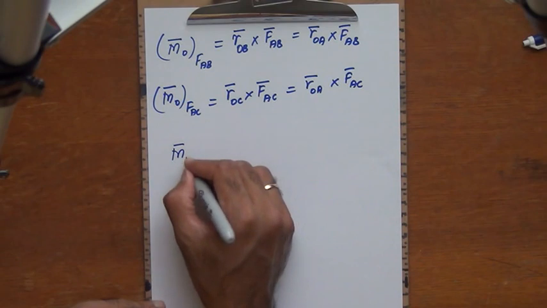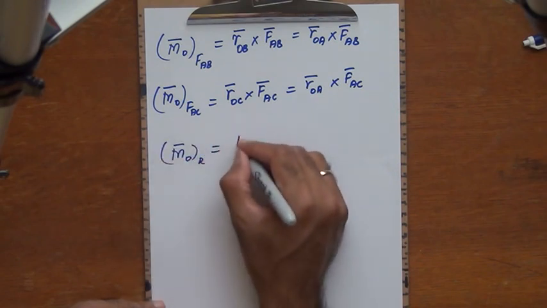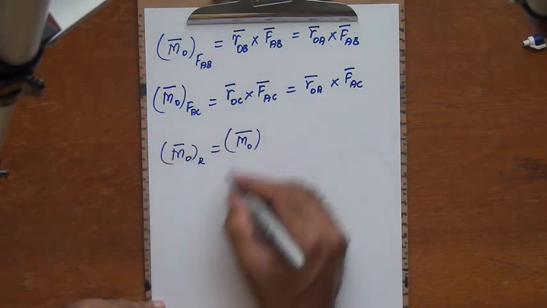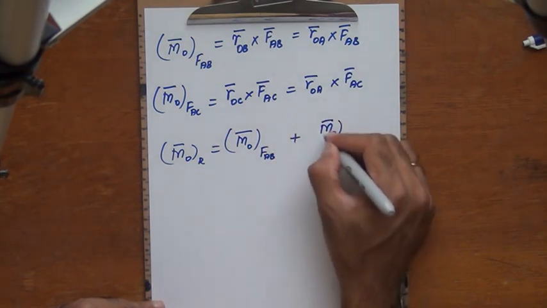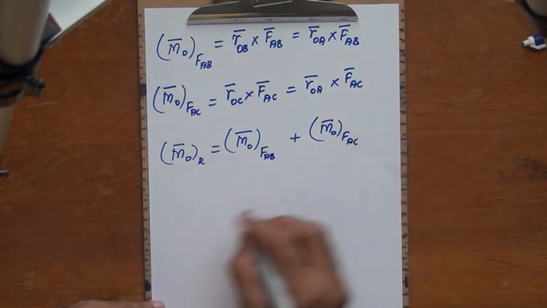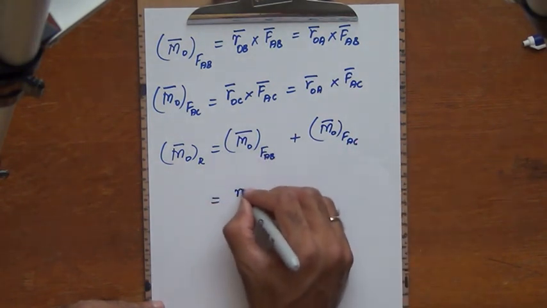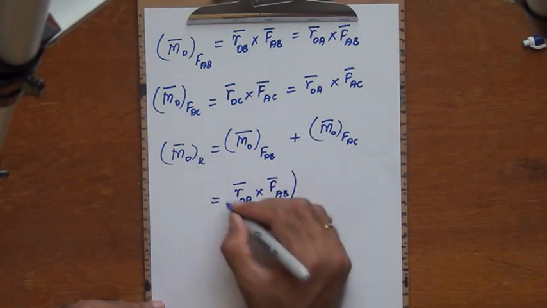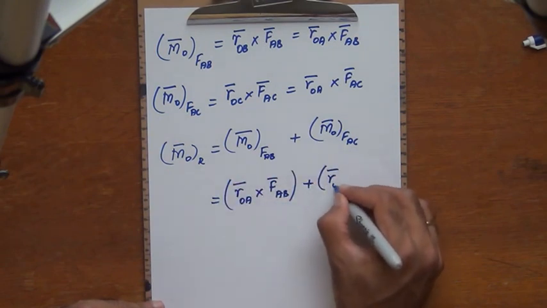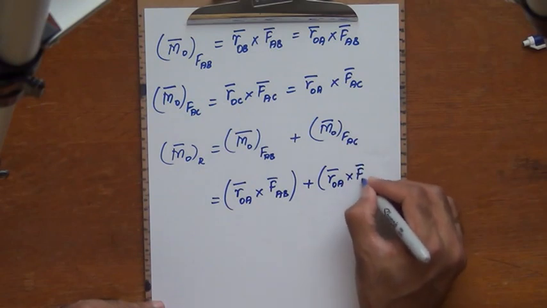Right, so MO resultant is MO due to the force FAB plus MO due to the force FAC, and this is going to be ROA cross FAB plus ROA cross FAC.